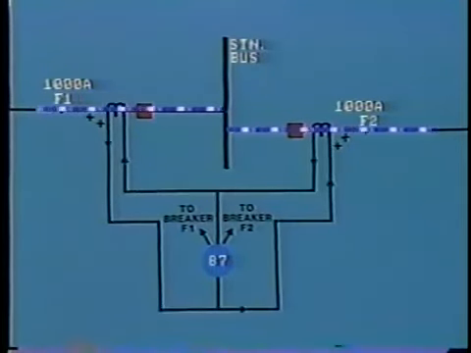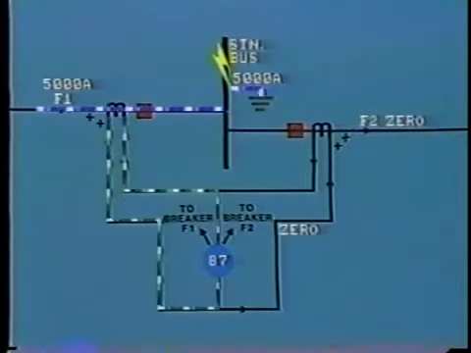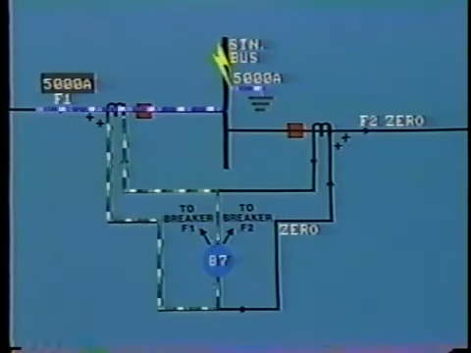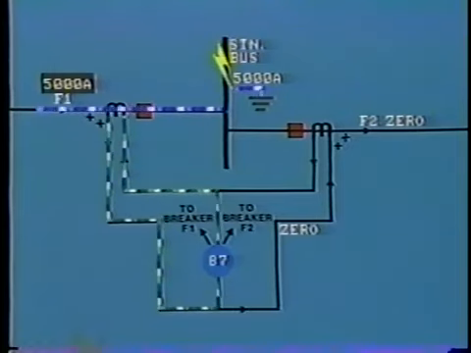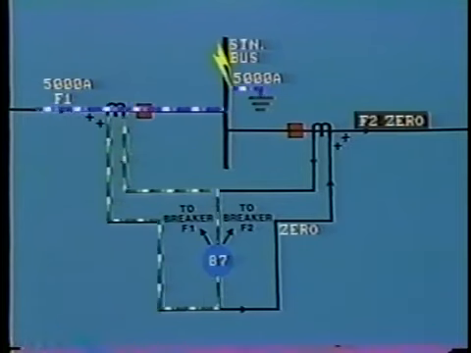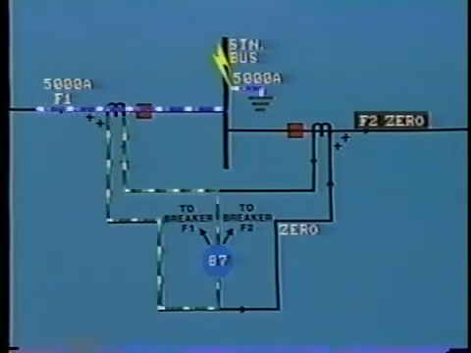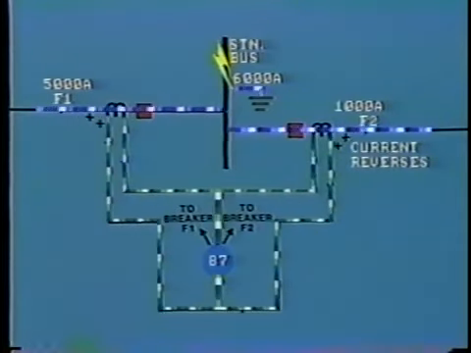Now, let's take a look at the case where the bus suffers a serious failure and there is a direct short circuit to ground. In this case, the current flowing into the fault along F1 will be quite high, say 5,000 amps. And what about feeder F2? Well, depending upon the system configuration, the flow of current in F2 may fall close to zero, or it may well reverse and also feed into the fault.